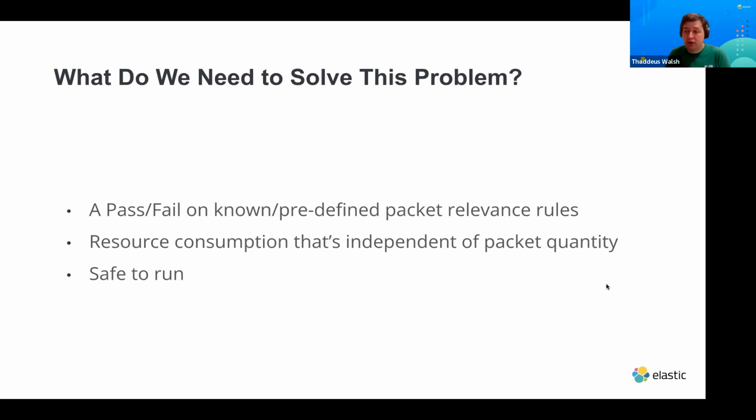Does that match a predefined value, most notably the system's own IP address? We need resource consumption that is independent of packet quantity, and we need something that's safe to run, that doesn't compete and collide with other programs' resource utilization and the kernel itself. This is all Unix, by the way.